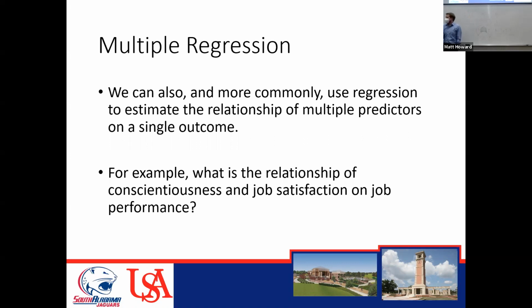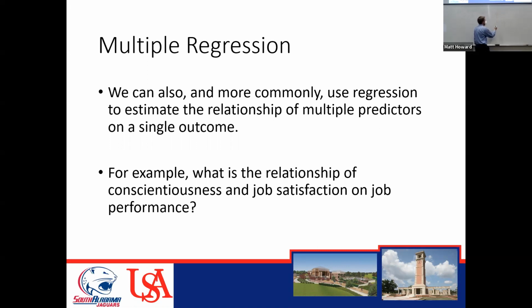More commonly, we use regression to estimate the relationship between multiple predictors and a single outcome. Whereas before we were just looking at the relationship between x and y, typically with regression we're going to do multiple regression, which is looking at multiple predictors predicting y.